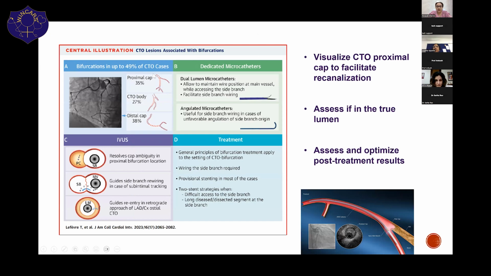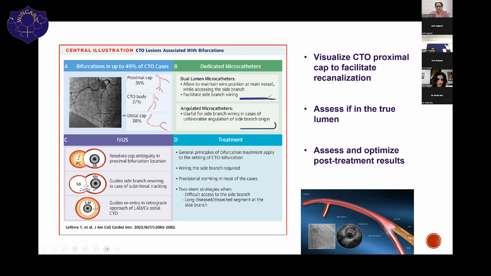If there is a proximal cap bifurcation, then IVUS helps in localization of the stump. Second, if the side branch is in the body, then IVUS helps us in tracking the subintimal wire. And third, if it is the distal cap, then you have to go for a re-entry point in the retrograde approach, or you want to go from subintimal to intimal, and IVUS really helps us.